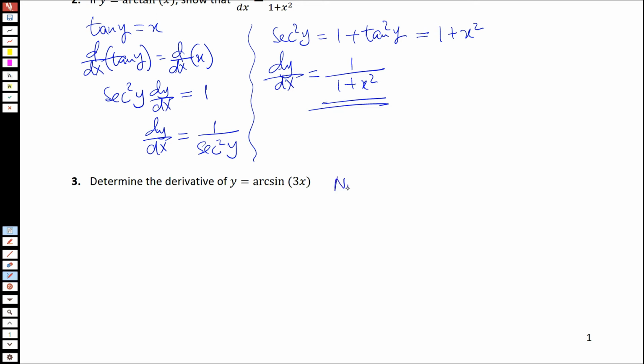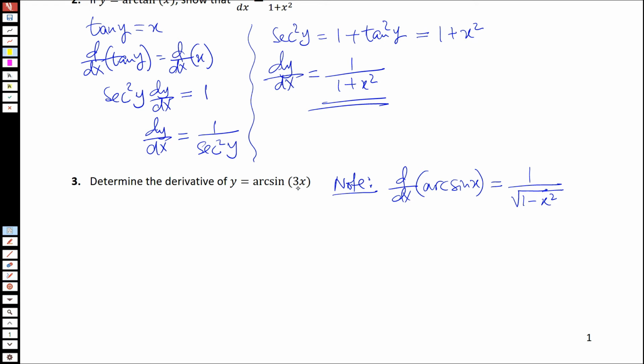Note from the formula booklet, we know that the derivative of arcsine x is equal to 1 over the square root of 1 minus x squared. So what we plan to do is to use this derivative to find the derivative of this function.